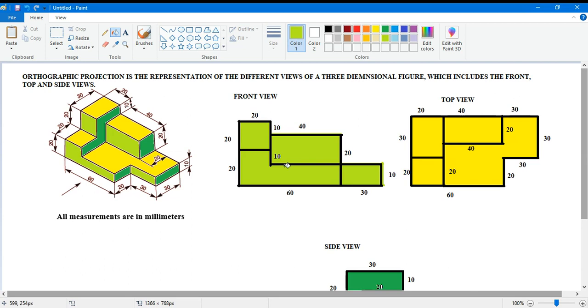I am seeing my figure first of all this way, and from here, this is the front, this is the top. Okay, when I am seeing my figure from the top, and this is the side. When I am seeing my figure on the side.